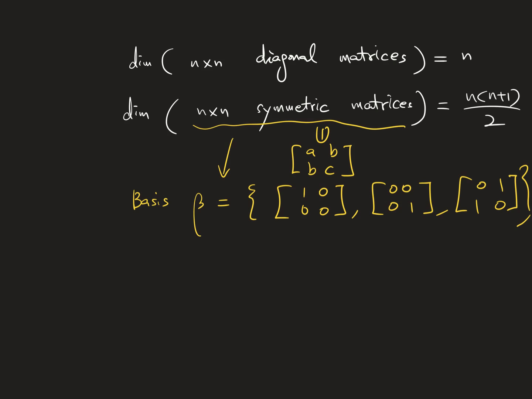For n by n diagonal matrices, the dimension will be n because the number of diagonal entries is n.